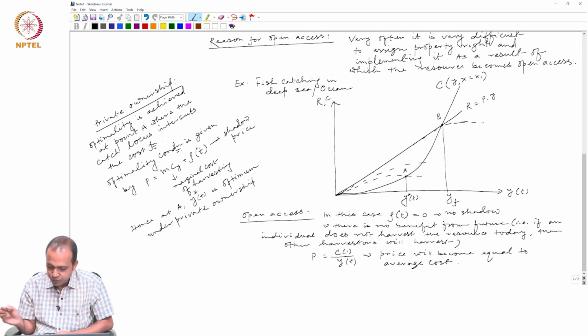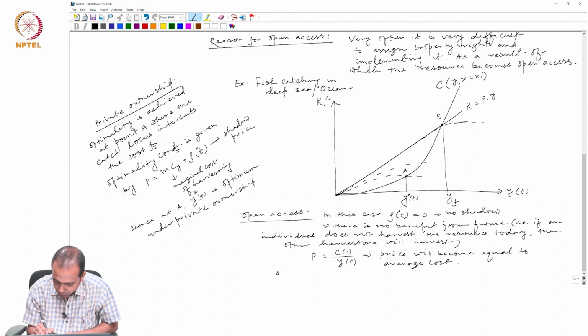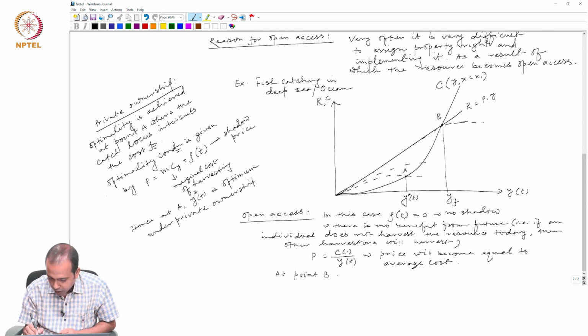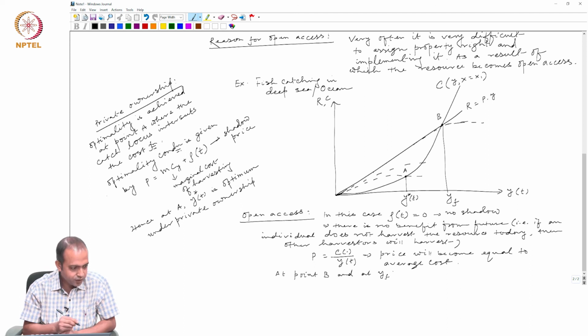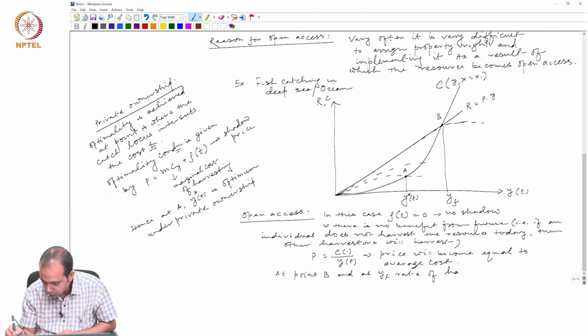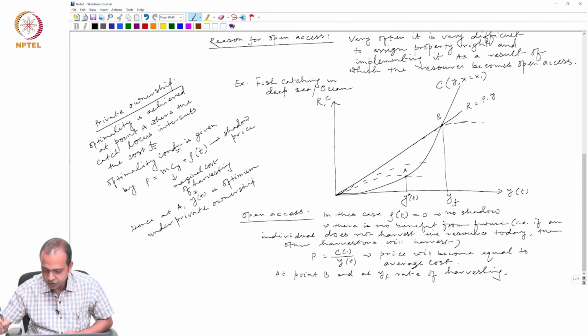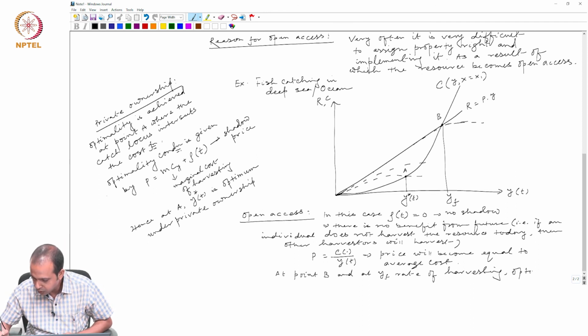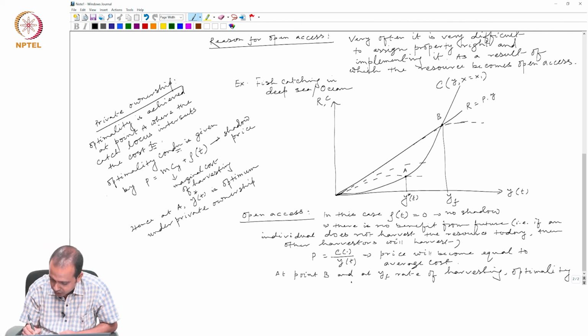So, at point B and at YF, rate of harvesting, optimality is achieved.